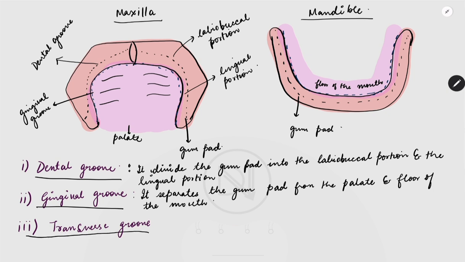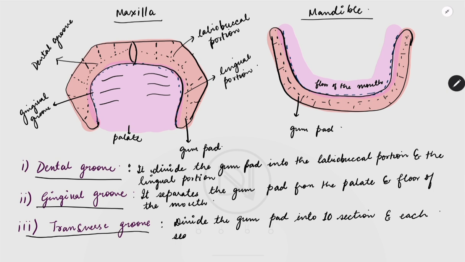Now coming to the important groove, this is a very important groove. These are called your transverse grooves. Here I'm drawing a transverse groove over here. There are a total of 10 transverse grooves. These transverse grooves divide the gum pad into 10 sections, and each segment contains a developing deciduous tooth.